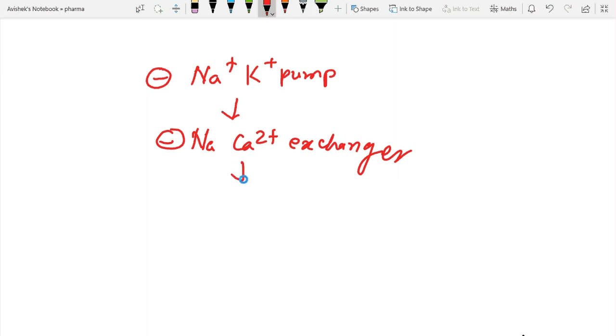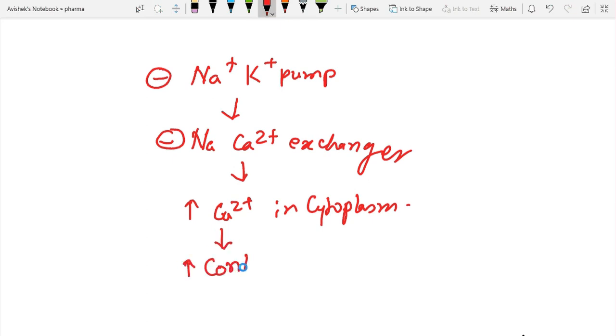Which will lead to increased calcium in the cytoplasm. So this increased cytoplasmic calcium and that from the sarcoplasmic reticulum, they all together will increase the contractility. This is the mechanism of action.